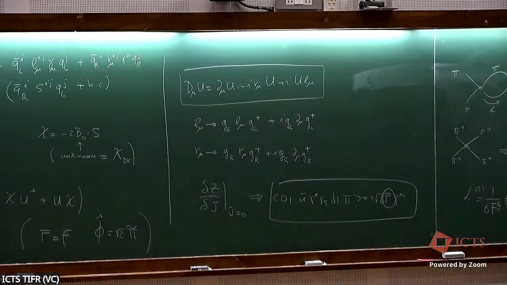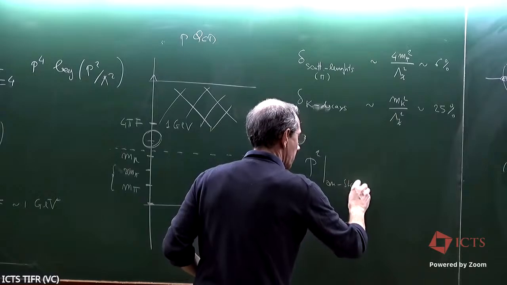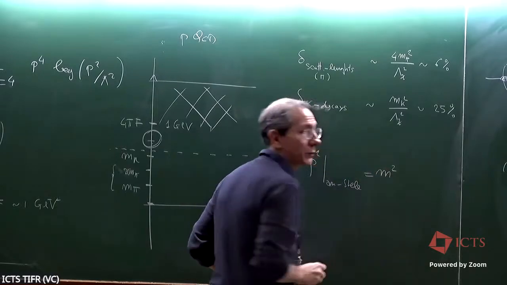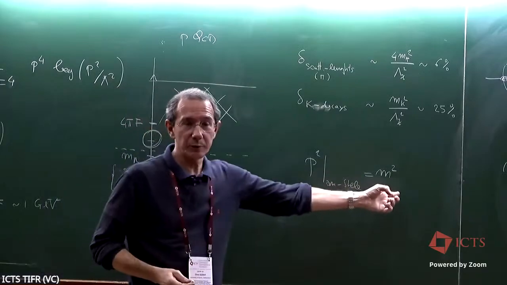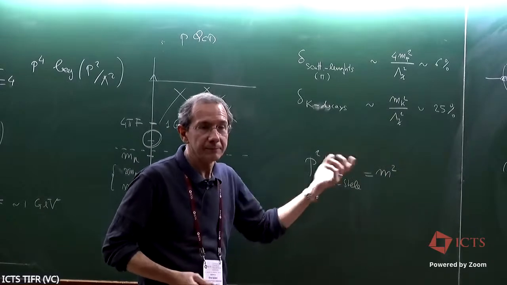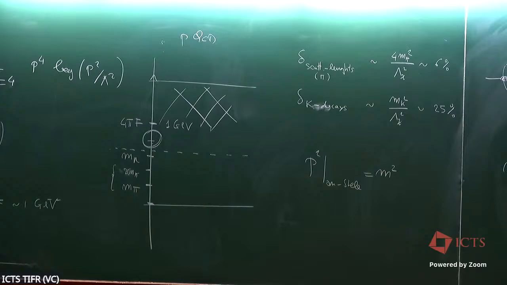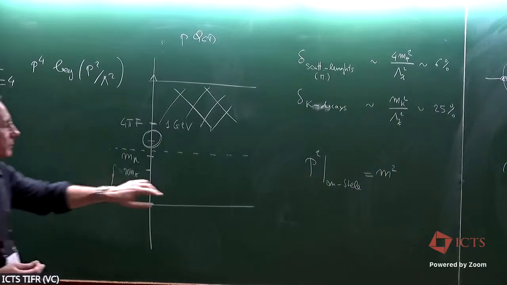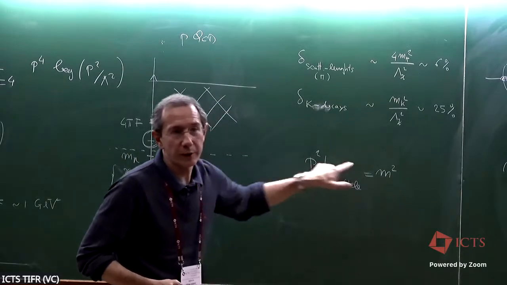On shell, P squared is equal to M squared. When I close my kinematics, this relation has to hold. But then we will also use kinematic relations in the closure, and so this is why we count M squared of order P squared.